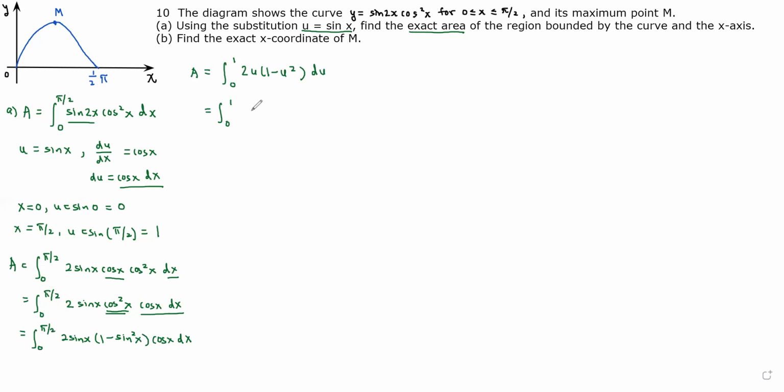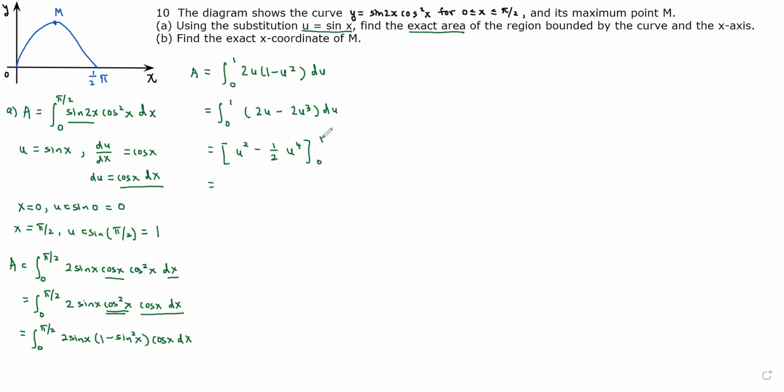So that becomes 2u minus 2u squared... 2u cubed. Sorry, upon integration we have u squared minus 2u to the 4 over 4, so that becomes 1 over 2 u to the 4, evaluated from 0 to 1.